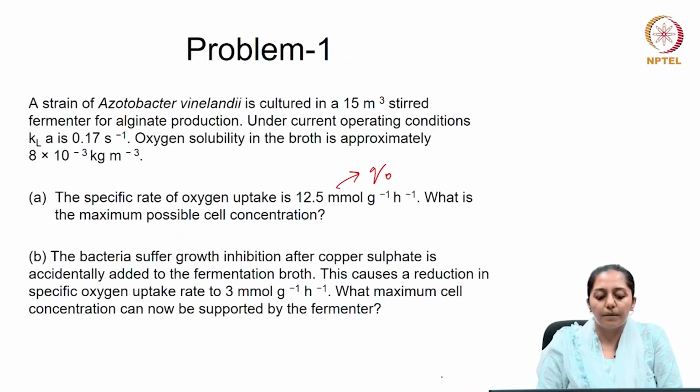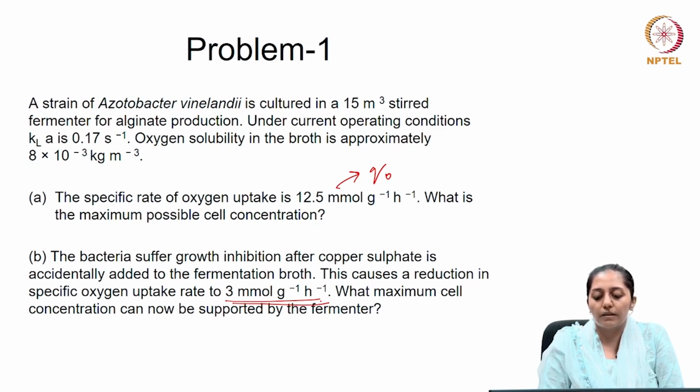Let us see the second part. The bacteria suffers growth inhibition after copper sulfate is accidentally added to the fermentation broth. This causes a reduction in the specific oxygen uptake rate to 3 millimolar per gram per hour. So now the specific oxygen demand has reduced to 3 millimolar per gram per hour. What maximum cell concentration can now be supported by the fermenter?